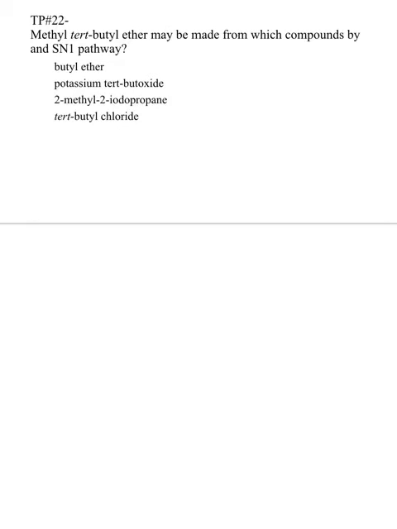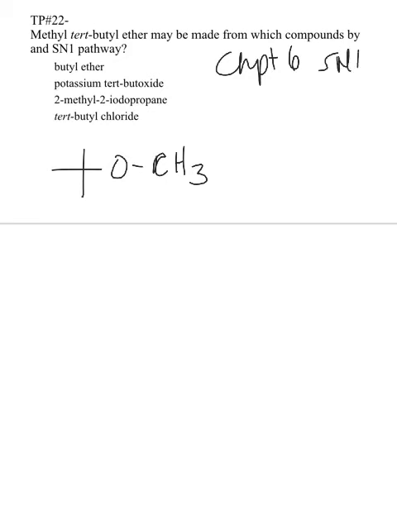Okay, this problem is methyl tert-butyl ether. So what does that look like? Methyl tert-butyl ether may be made from which of the following compounds by an SN1 pathway. So we're dealing with Chapter 6 review, SN1 pathway.